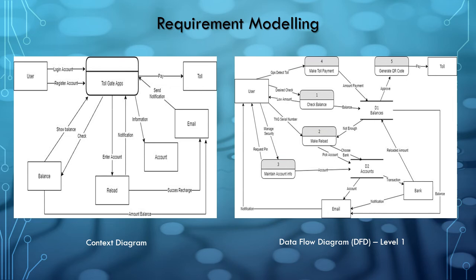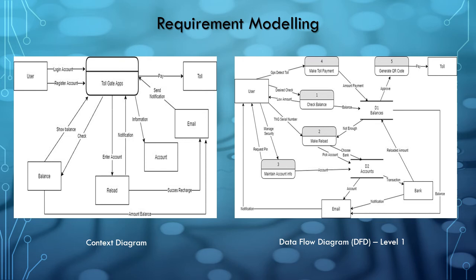And when the user wants to reload the account, the user can enter the account bank and receive the notification just like the balance, through the email and through the apps. We can check whether it reloads or not. And for the account in the apps, the user can manage the account, like changing the password or changing the profile of the user. And the user can pay the toll.